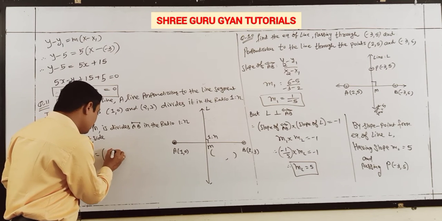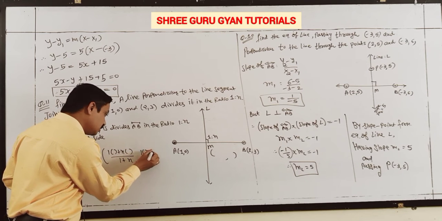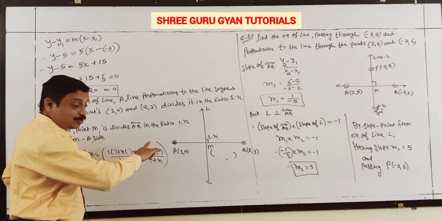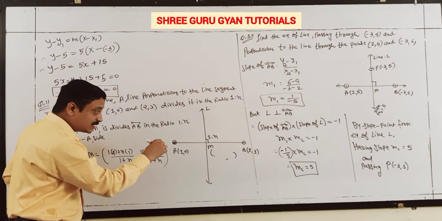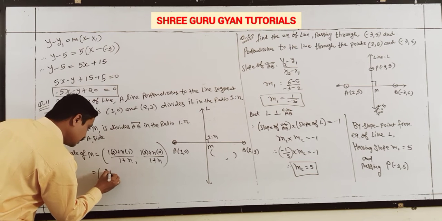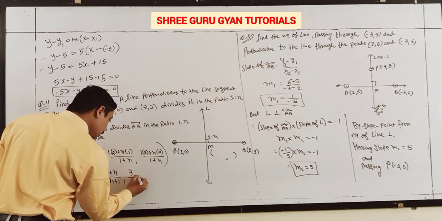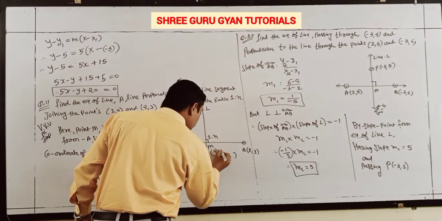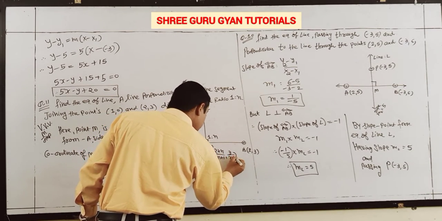I derive (1 times x2 plus n times x1) by (1 plus n), and you can operate your values. You know x2 is 2 and x1 is 1, same as 3 and here 0. So you get the value (2 plus n) by (n plus 1), comma, here (3 plus 0) by (n plus 1). This point I have written here: (2 plus n) by (n plus 1), comma, 3 by (n plus 1).